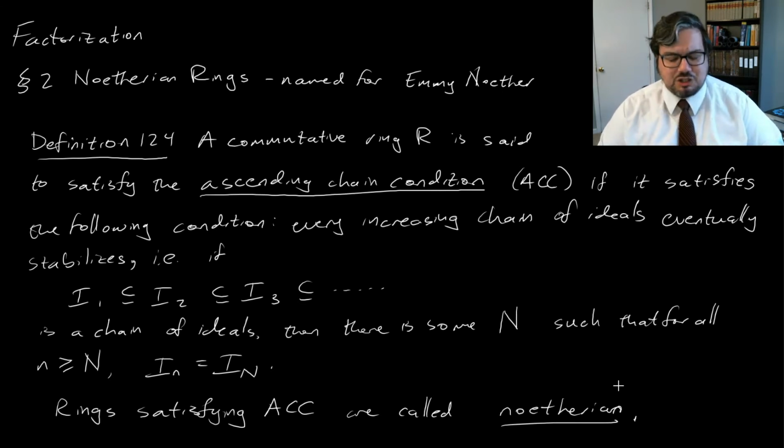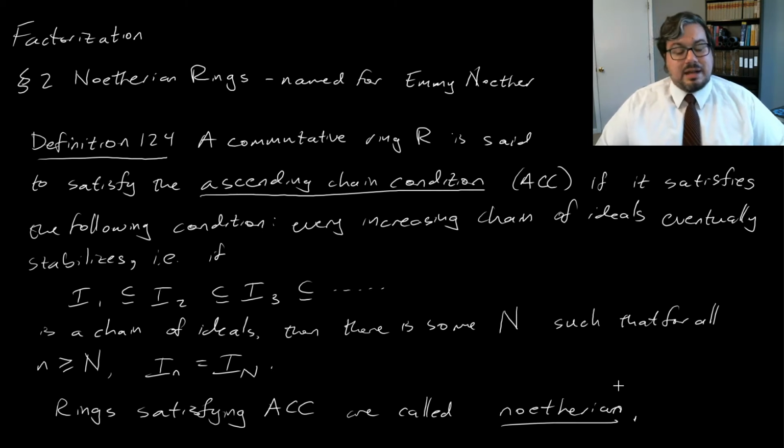That's why this condition is a useful one. But most of the rings that one encounters when doing basic algebra are Noetherian, and Noetherian rings have lots of very good properties.